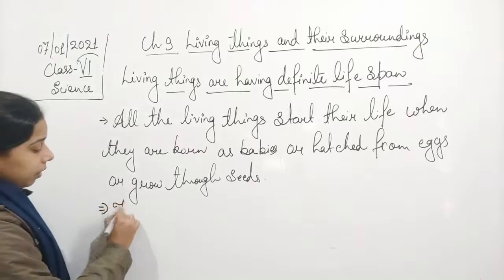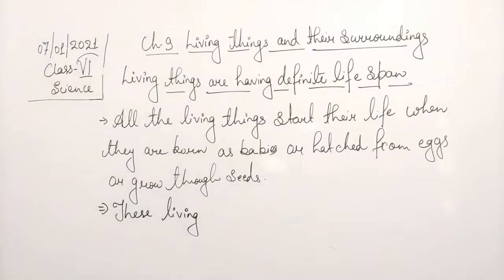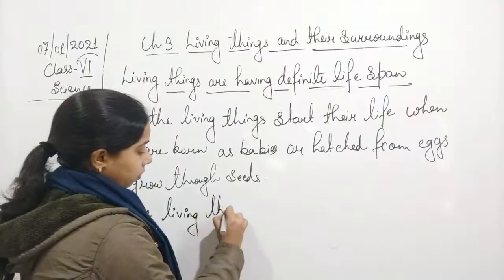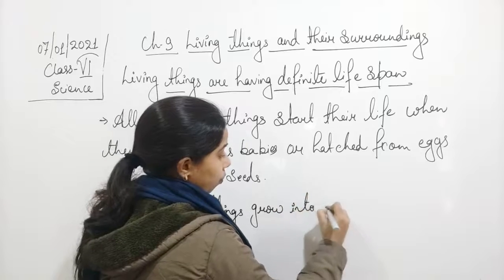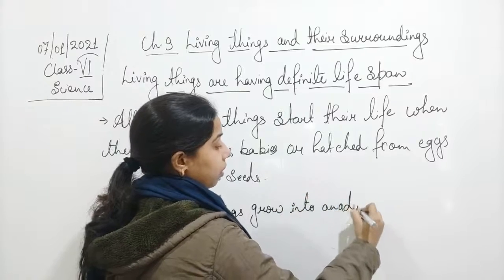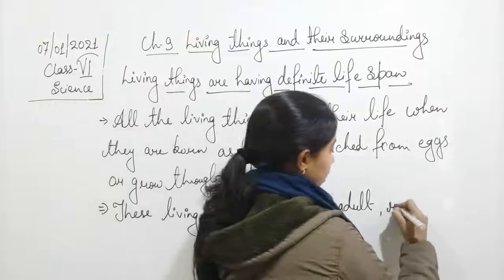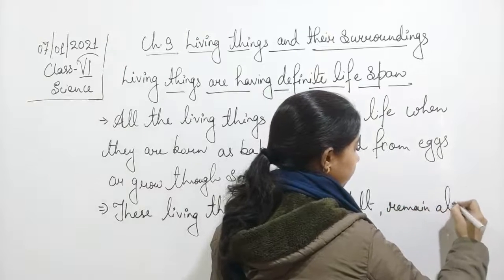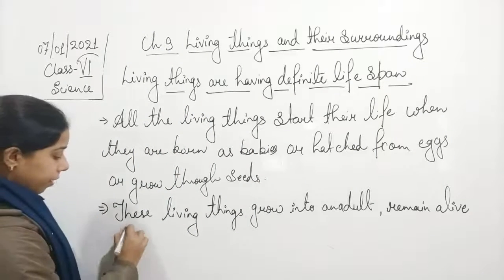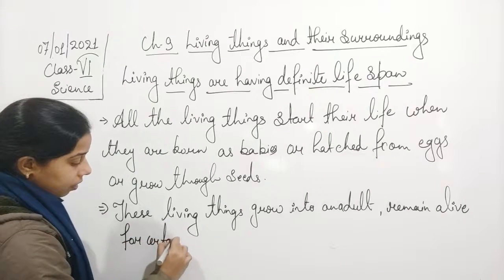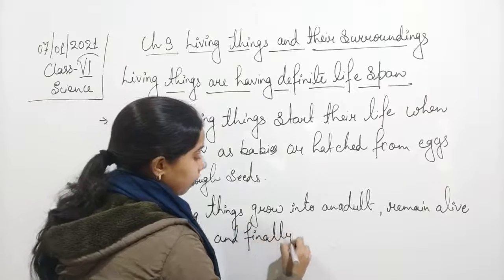So these living things grow into an adult, remain alive for a certain time, and finally die.